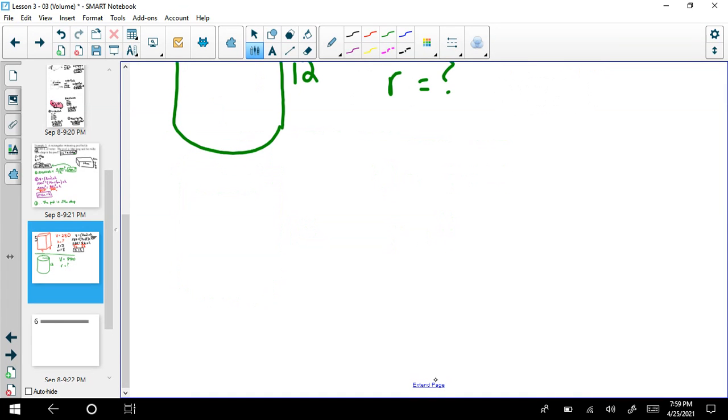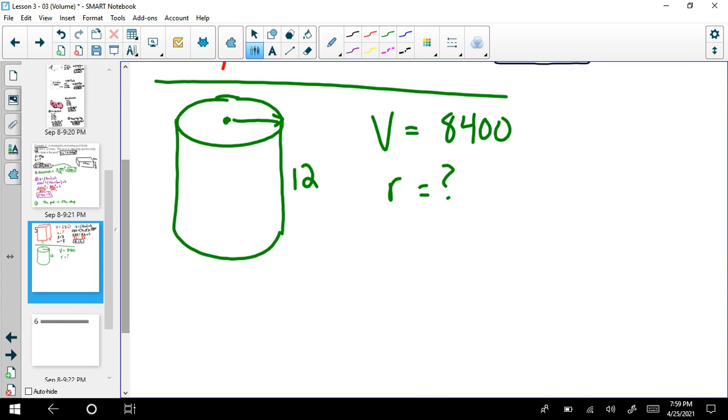Okay, we'll do this last one quickly. We're looking for the radius of this figure. So what I need to do is find my equation for this. And my equation is volume equals pi r squared, because that is going to tell me the base, this circular shape, this circle.